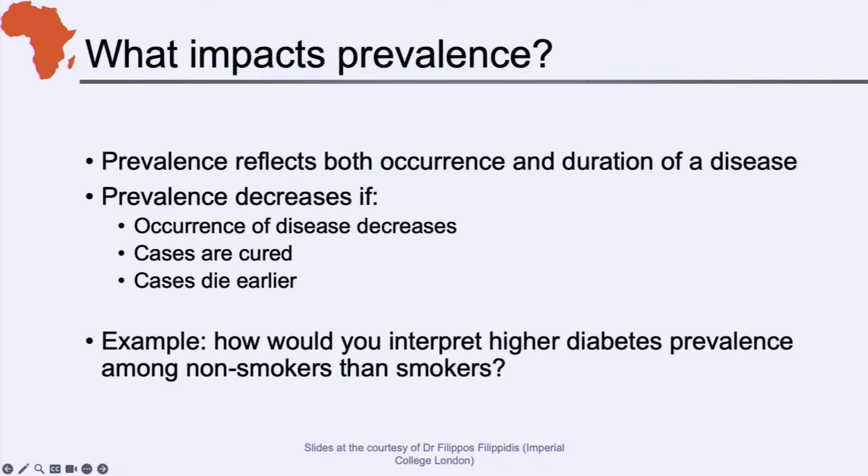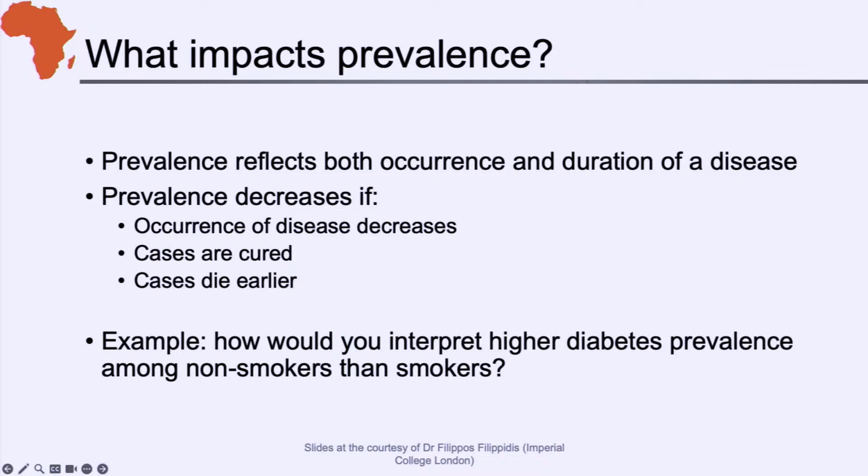What impacts prevalence? Basically, it reflects both the occurrence and the duration of the disease. So prevalence would decrease if the occurrence of the disease decreases, or if the cases are cured, or if the cases die earlier.